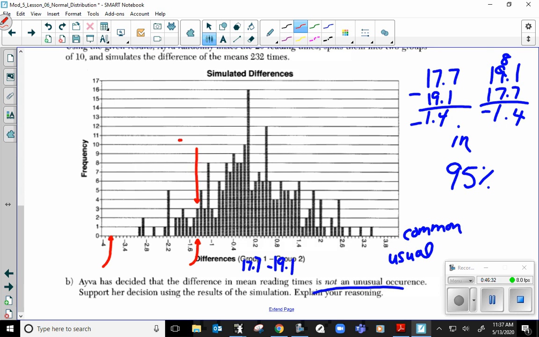Now there are a total of 232 simulations. How many simulations did it take to get here?